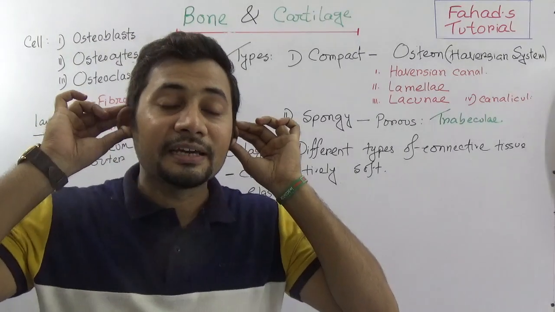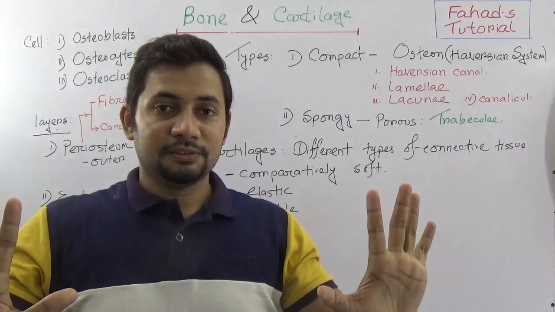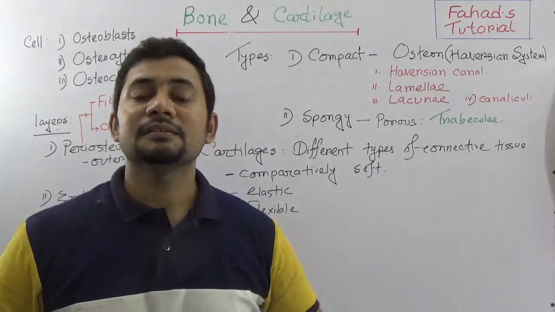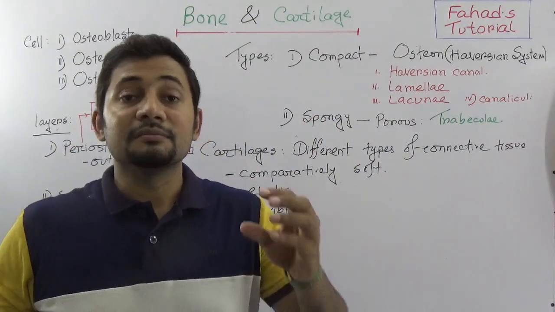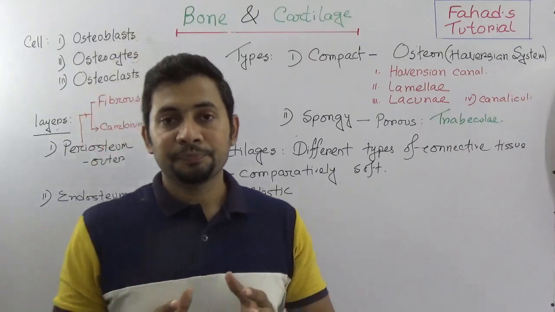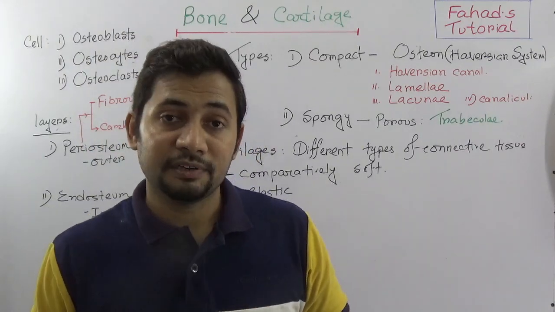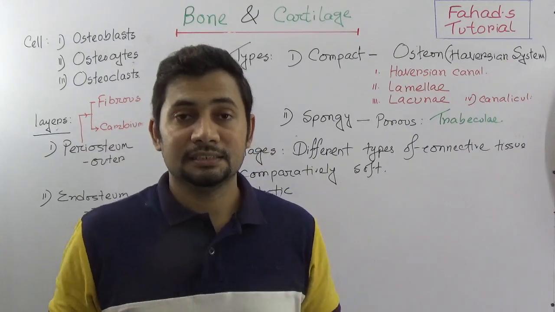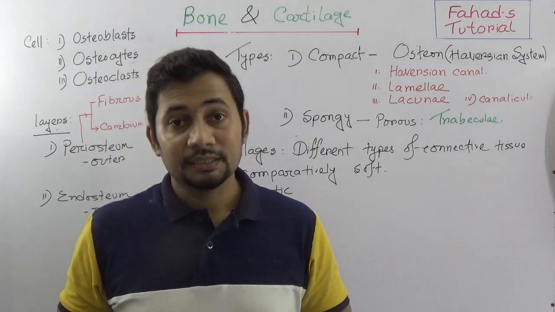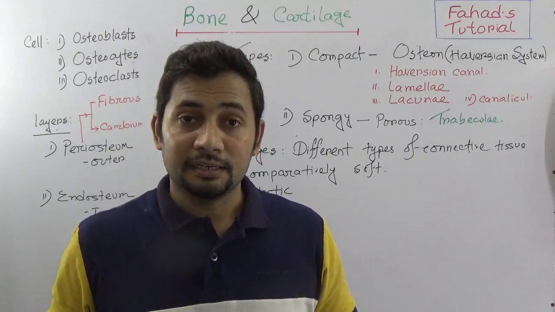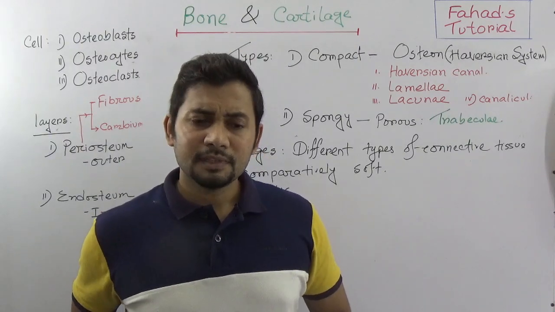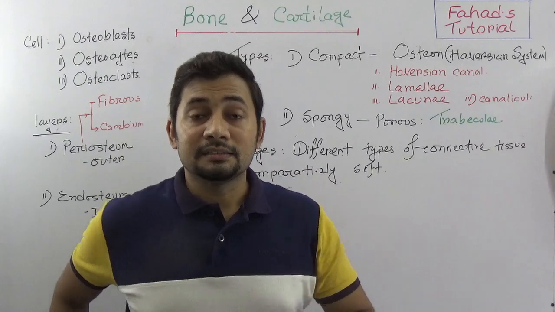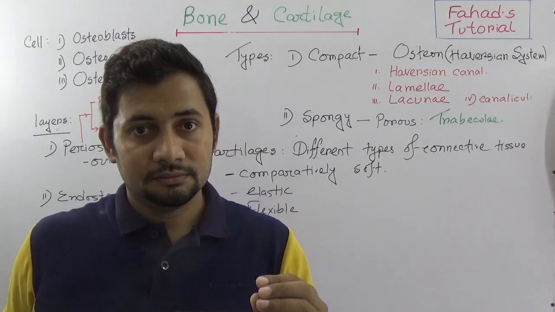The pinna, the external ear, is also cartilage. And we have cartilage in a lot of spaces in between the bones. This connective tissue which gives flexibility and elasticity to the bone joints is called cartilage. And cartilage is not sensitive.